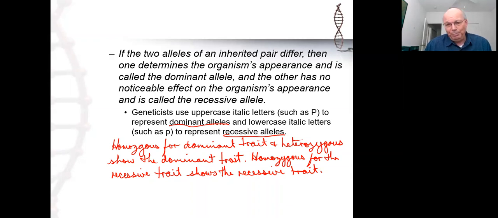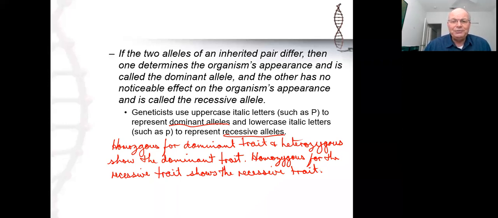So in the case of purple and white, here in Mendel's peas, remember again that the dominant trait is producing purple pigment. The recessive trait is producing no pigment at all. So if you are heterozygous or homozygous for purple, then you're making the purple pigment irrespective of what the other allele says, so you're always going to look purple.